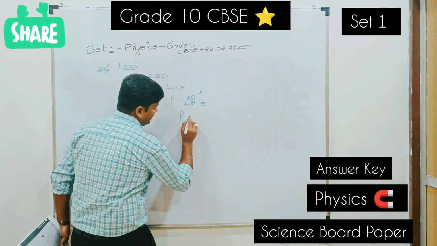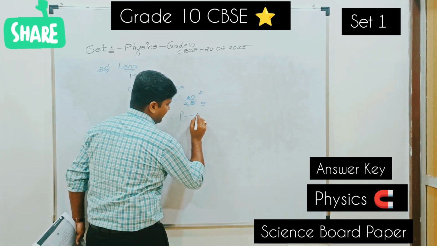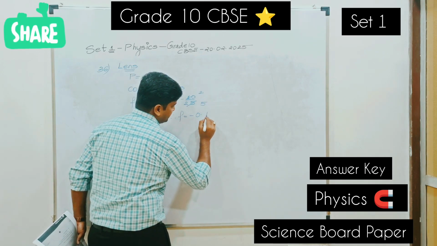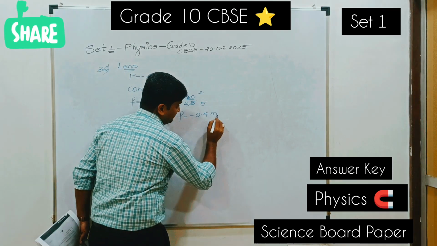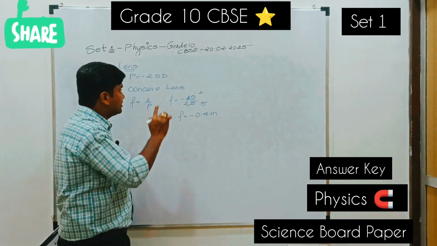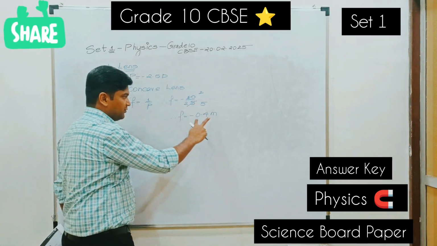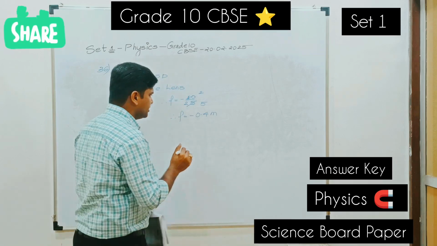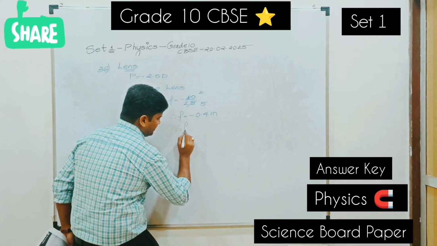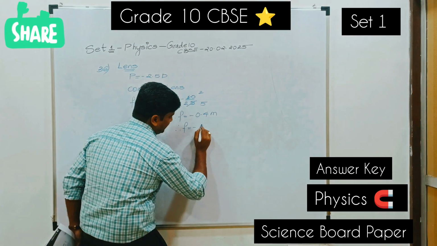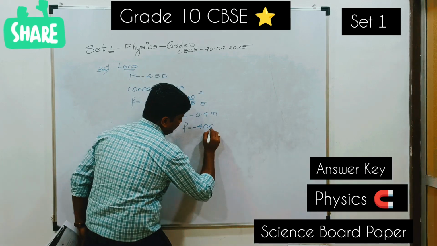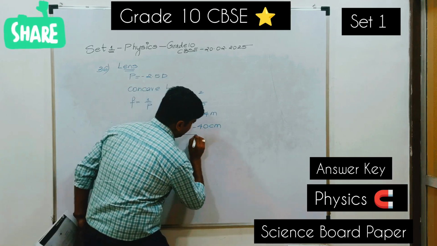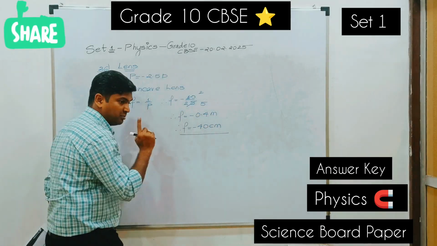So now in the end, minus, how much will I get? 0.4, but it will be in meters because the power was in diopters. So we will get the answer in meters. They want us to give it in centimeters, so no problem, I'll multiply this by 100. So how much will I get? 40 centimeters. And don't forget to put the minus sign.